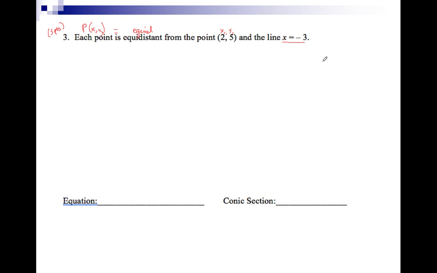So once again, I'm going to draw myself a little sketch. And again, you don't have to, but here's the point, 0.25. And here's the line x equals -3. And here's some random point.